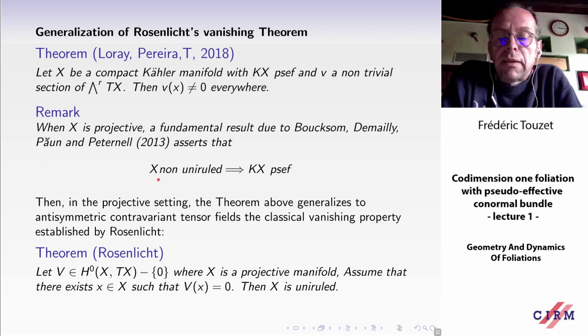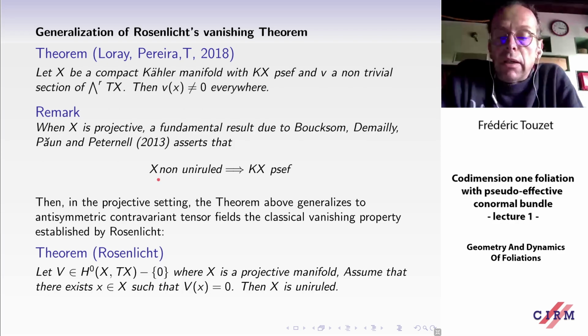He said that if one has on a projective manifold a non-trivial vector field, and this vector field vanishes somewhere, then X is uniruled. Maybe I forgot to define what uniruled means for a manifold. It means that the manifold is covered by rational curves. That is, through every point of this manifold, there is a rational curve passing.